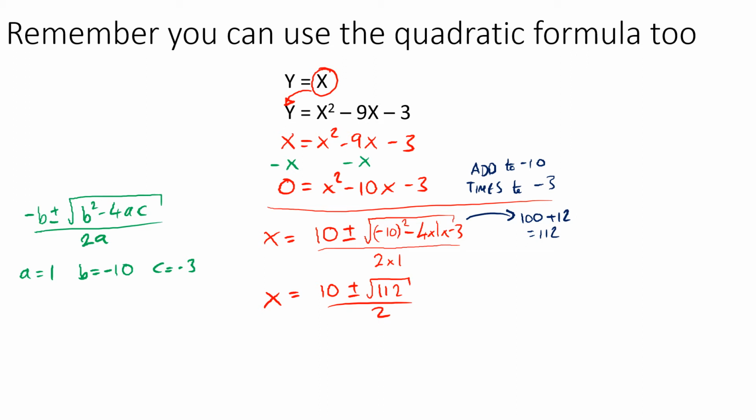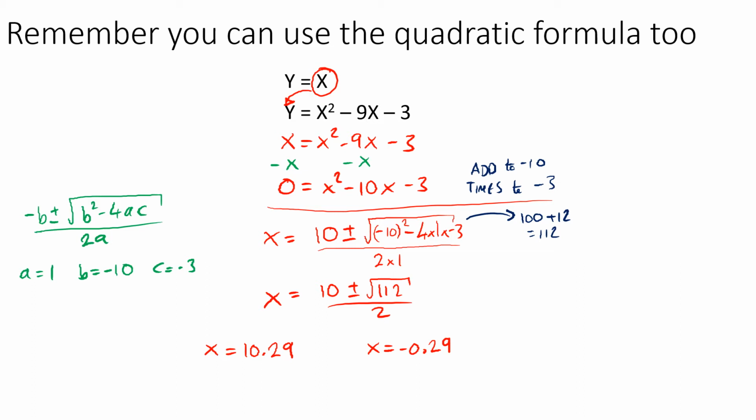And we should get that one possible answer is that x is 10.29. And the other possible answer is that x equals minus 0.29.